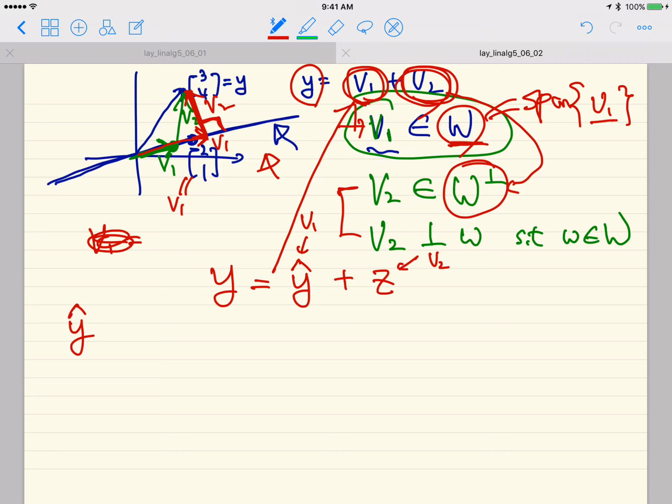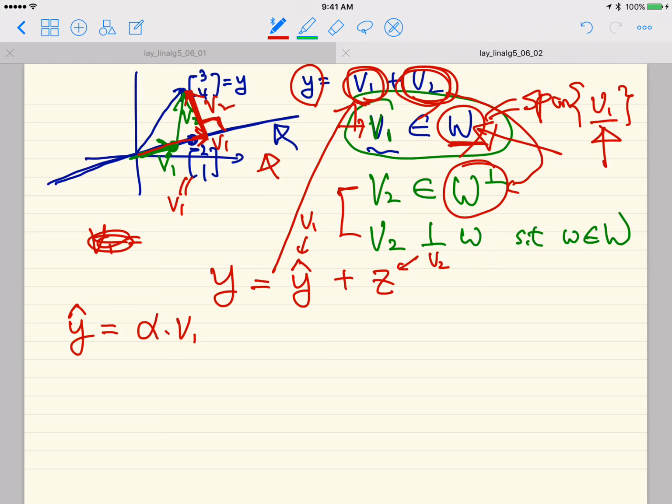It should be the linear combination of the basis vectors of this subspace W, right? So y hat can be represented as alpha times v1. We are discussing this special case of our subspace being one-dimensional, spanned by this single basis vector.